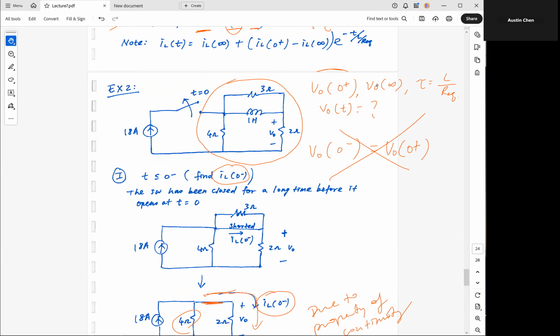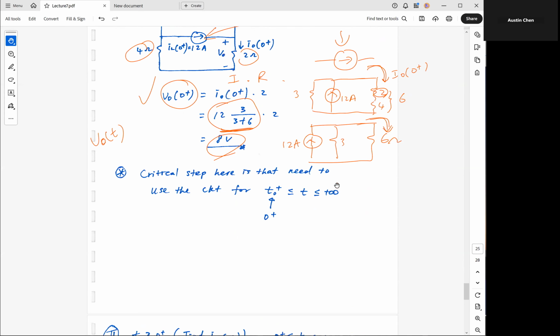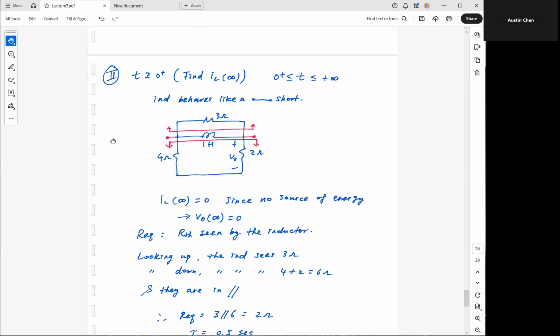We still need to find 2 more, V0 at infinity and tau. So now we can go to the second, case 2, corresponding to the circuit after the switching event.